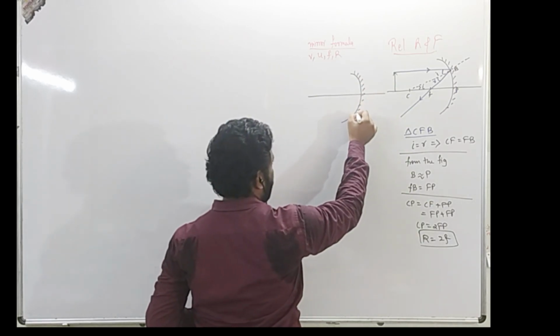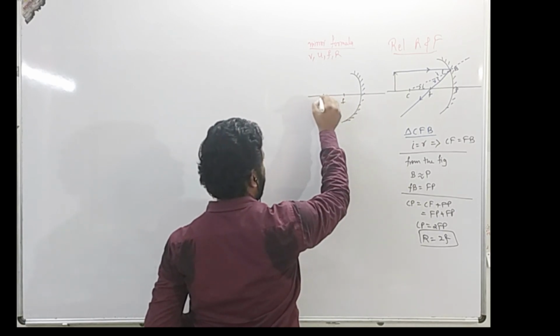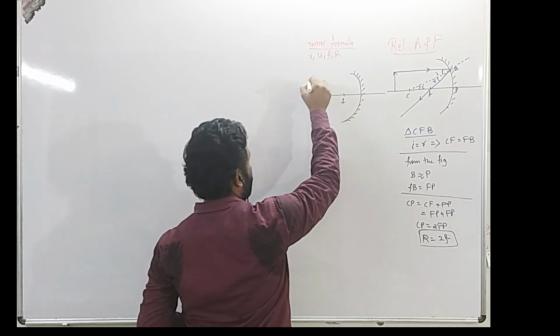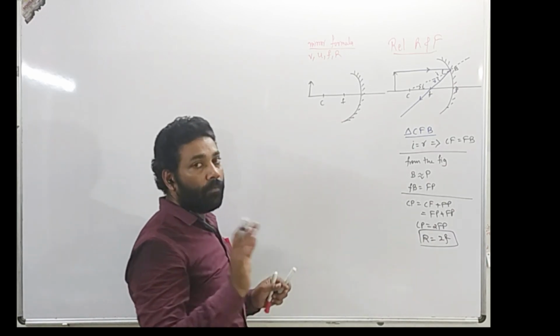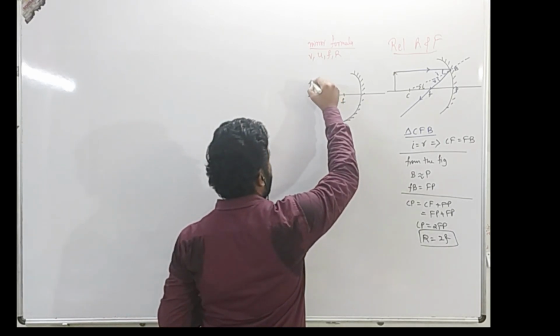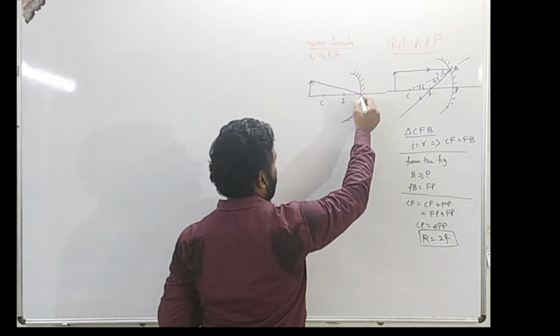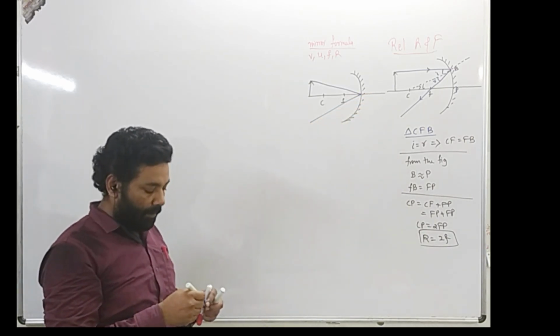I have a principal axis. Let's say focus is over here, center of curvature is over here. If you place the object here, in order to find the position of the image we need at least two rays. The first ray of light I pass through the pole. As per the laws of reflection, it will get reflected back.